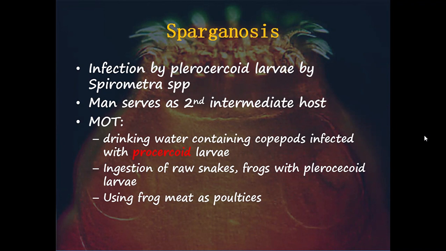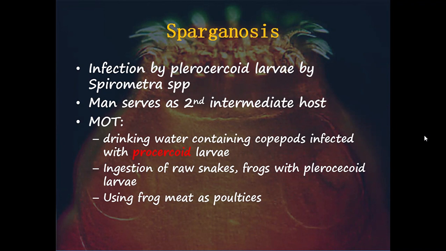So you have three modes of transmission for sparganosis. Okay. So you also have two infective stages. It can be a procercoid larvae from drinking water, which is the most common of the three, or a plerocercoid larvae by ingestion of raw snakes, frogs, or using frogs as poultices.